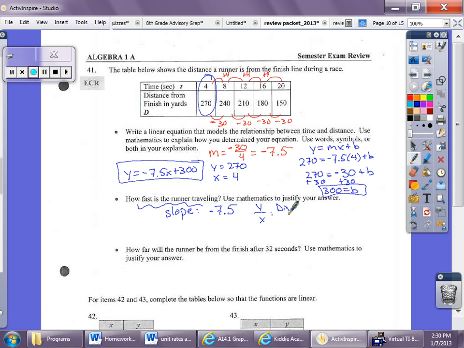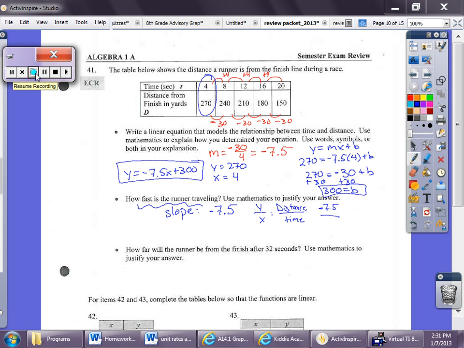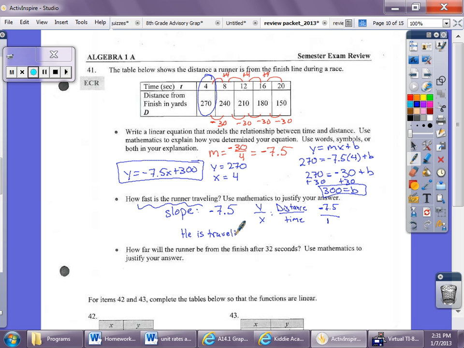Y is our distance, and t is time. So it's negative 7.5 over 1. So he's traveling 7.5 yards every second.